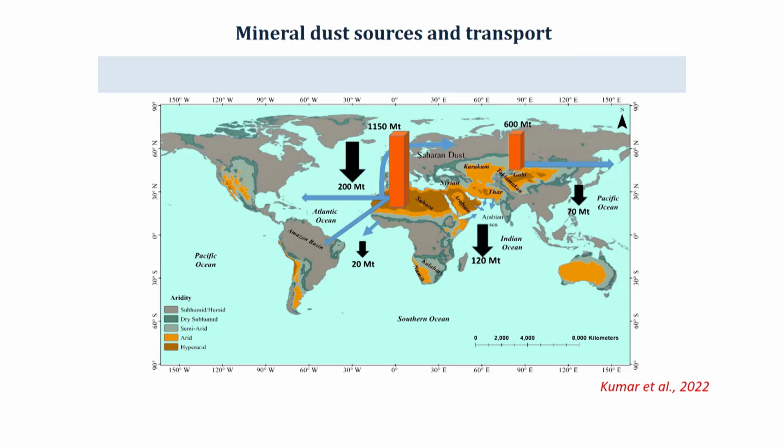Mineral dust and transport, and these are the calculations that I talked about. About 120 million tons of dust is deposited over the Indian Ocean. Over the Pacific Ocean, about 70 million tons. The Southern Ocean receives a little bit less, about 20 million tons or so, and then about 200 million tons in the Atlantic Ocean.